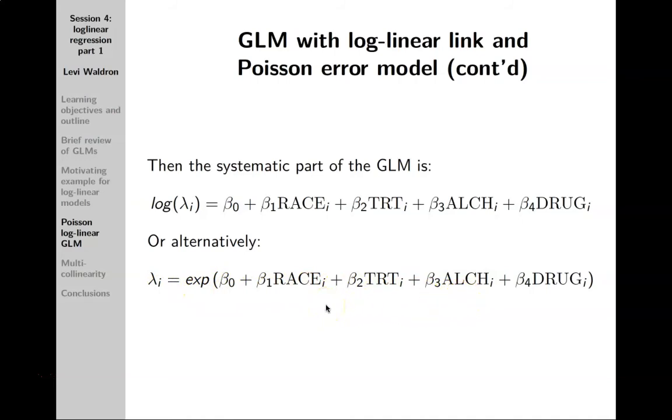So this is telling us now that the systematic component of our model is that the predictors give us this linear predictor. If we exponentiate it, it gives us the parameter of our Poisson model, and then we know what the distribution of counts is for this value of lambda.